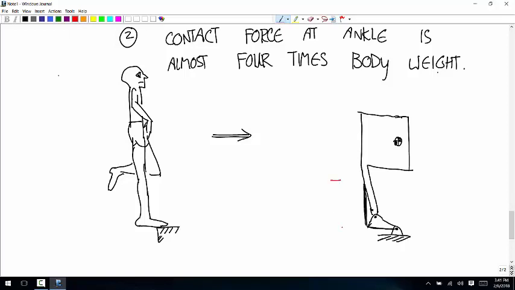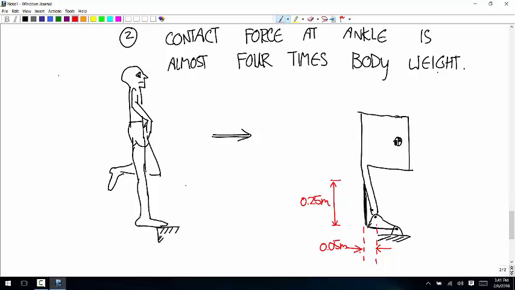We'll say that this length is 0.25 meters. And the distance from the Achilles tendon to the ankle joint horizontally is 5 centimeters, so 0.05 meters.